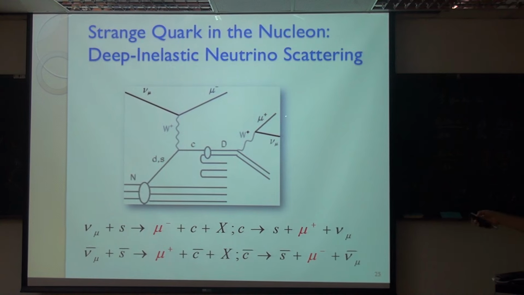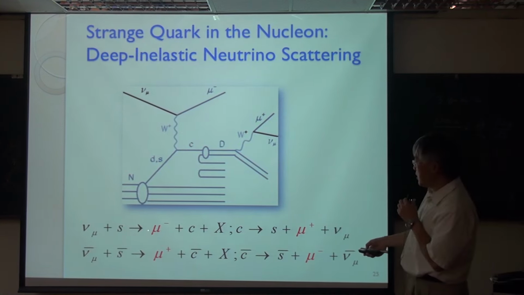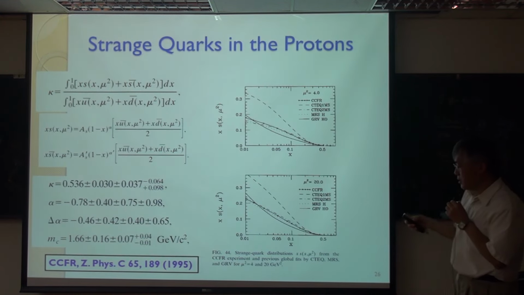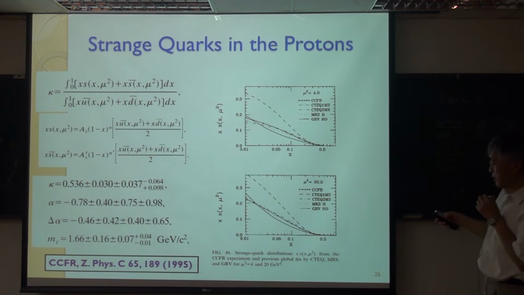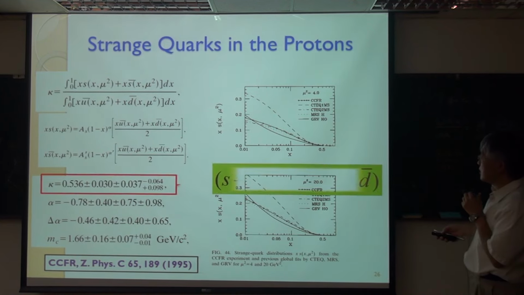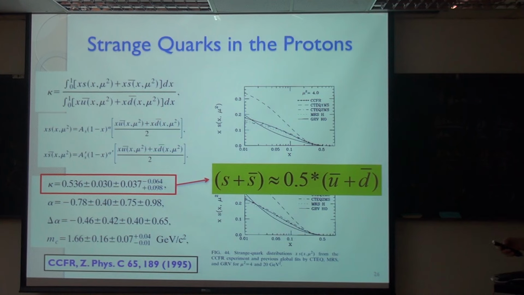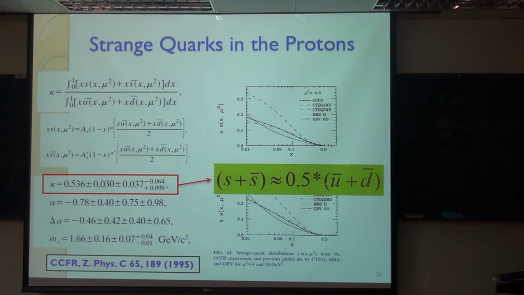This open charm decay contains another muon. So experimentally, you detect a dimuon event using neutrino scattering.